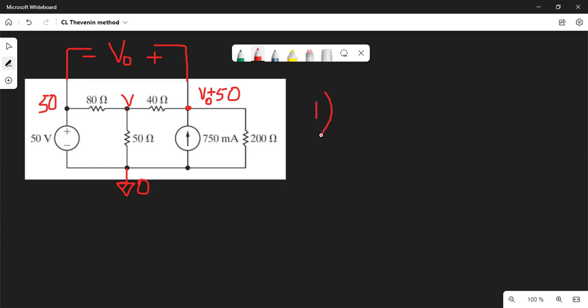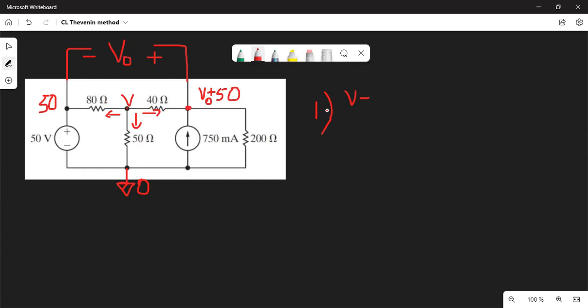About this V, from the left side we got 50 volts electric potential here. Could you please draw the direction of current? Let's assume, as the definition, that all of the currents are leaving the node like this, only for this essential point.